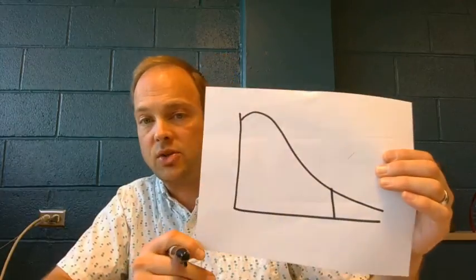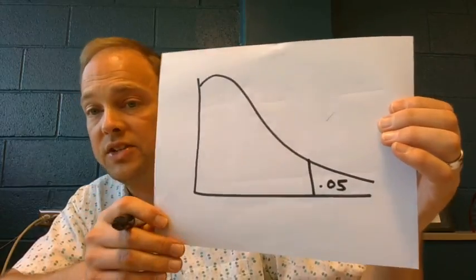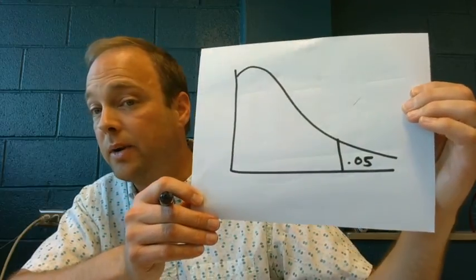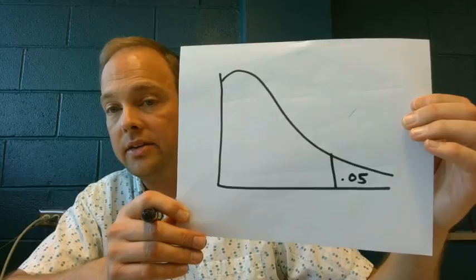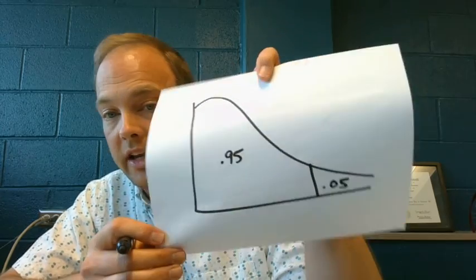Now, I've already demonstrated how to set up the probability distribution. If you're conducting a test of the hypothesis at the 0.05 level, then the size of your tail is 0.05. If it were expressed as a percentage, it would be 5%. But since we're dealing with probability distributions, I'm expressing it as a proportion, 0.05, which means the remainder is 0.95.